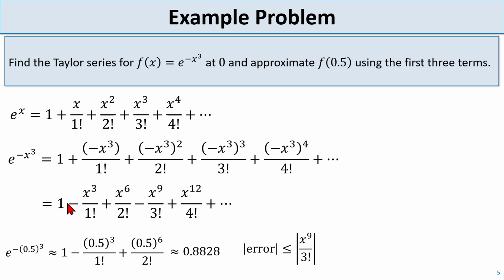So we included these first 3 terms, we did not include the 4th term, so I'm going to calculate the value of the 4th term at x equals 0.5. Plugging in 0.5, using a calculator, we get 3.3 times 10 to the negative 4. So this value that we found is accurate within this amount.